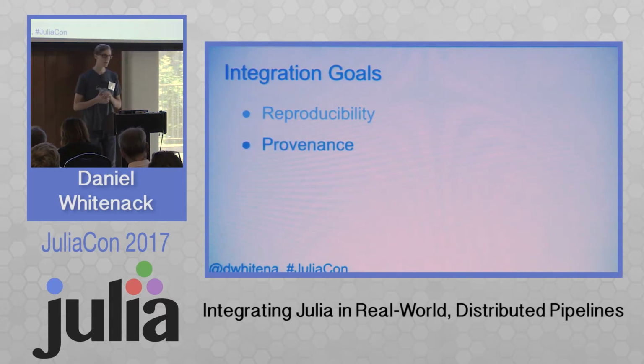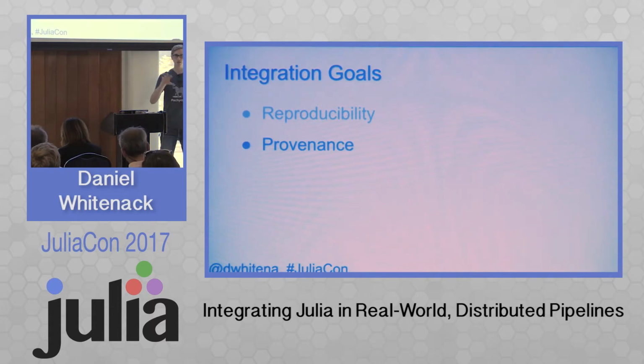Second, I'm going to talk about provenance, and what I really mean here is that we have a bunch of Julia programs, and we're doing pre-processing and visualization and whatever it is.